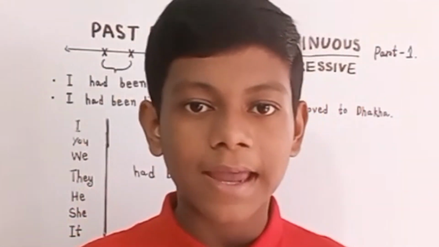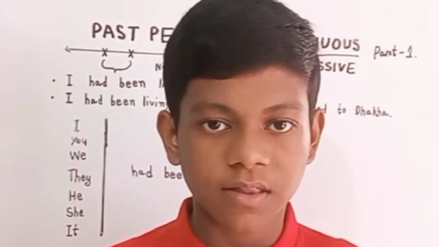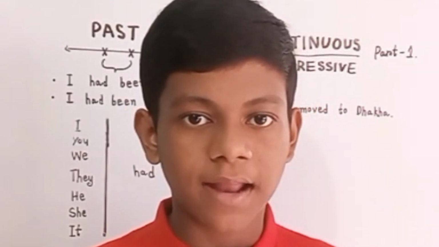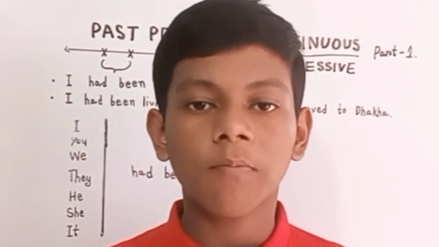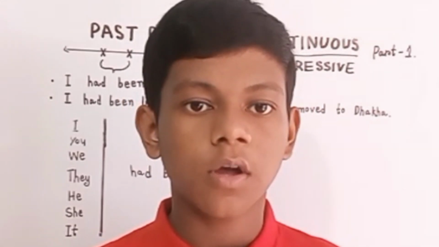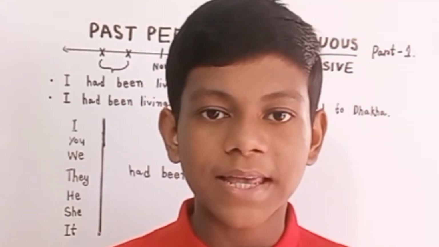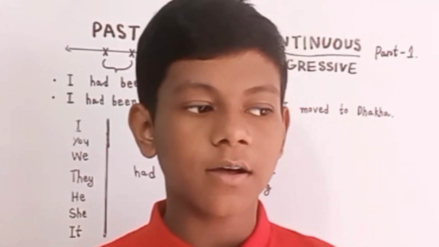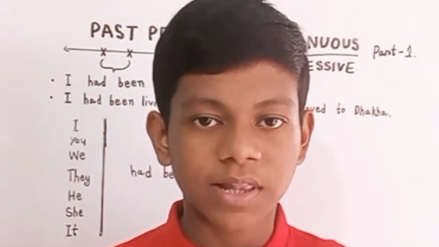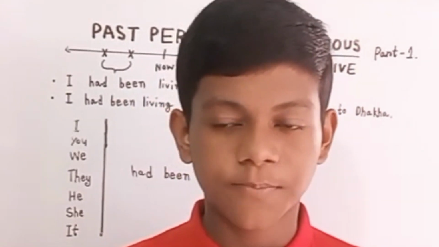It's the first lesson of this tense, and today we will get an overview of how it works, what the rules are, and what the reasons behind this tense are. So no more talking, let's get started.